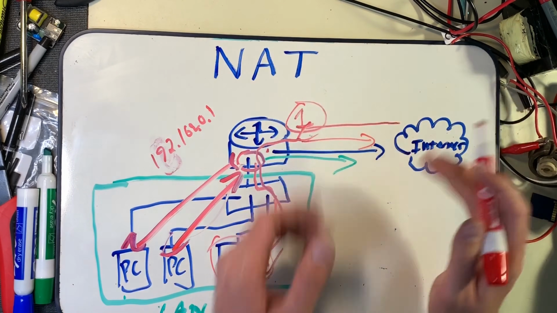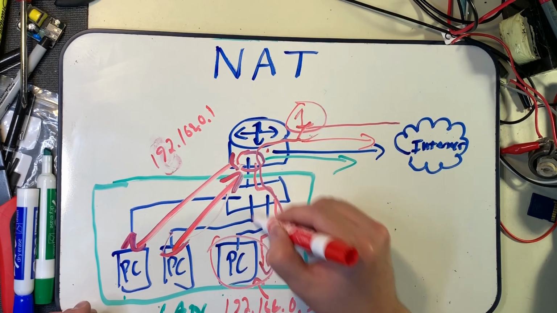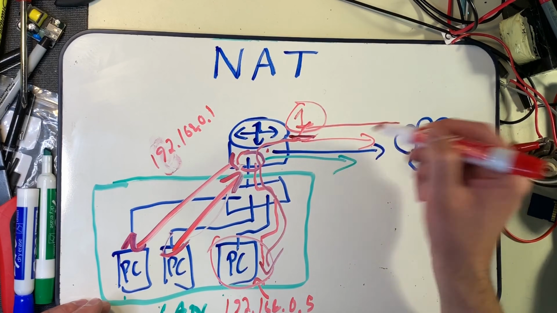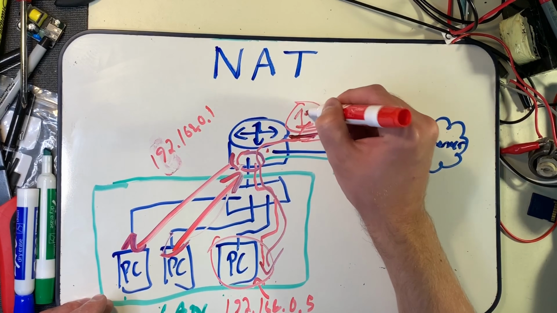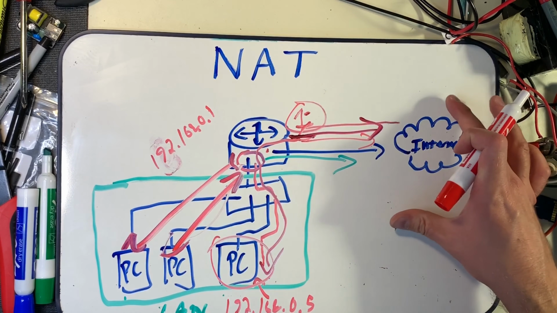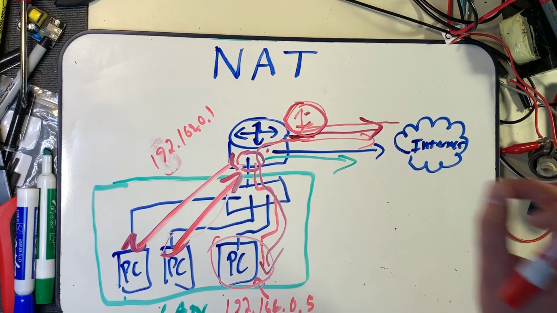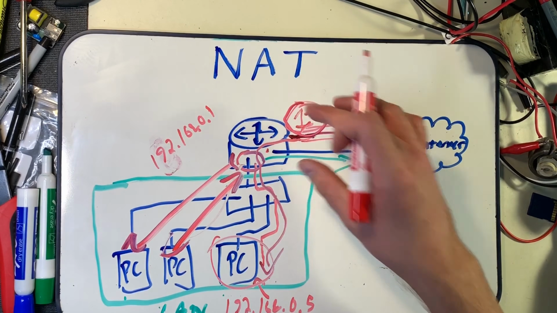And from the internet's point of view, all of this traffic that's originating down here is coming from the same IP address. It's all seeing this traffic coming from the single shared IP address that was given to this router.